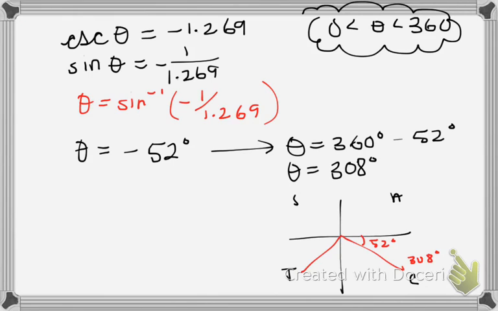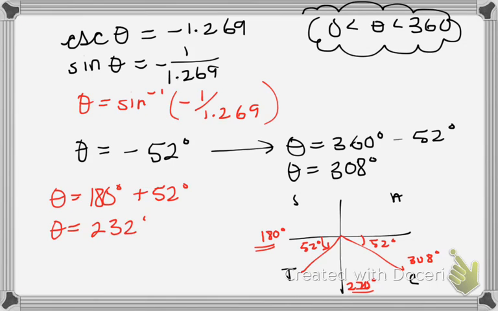And now that I've found this reference angle, which is 52, I know that this reference angle is also 52. They have to be equal. And this is 180. So my angle should fall between 180 and 270 here. And this is 52 degrees past the 180 mark. So I know my second theta is going to be equal to 180 plus 52. And that ends up giving us 232. Okay, so those are my solutions.